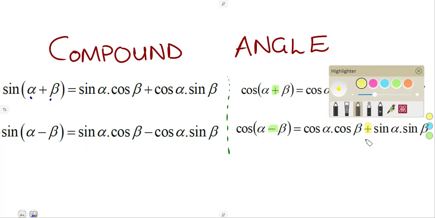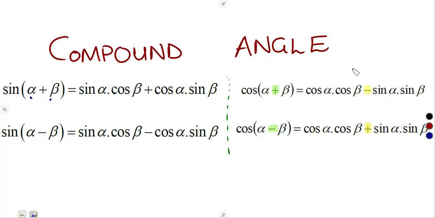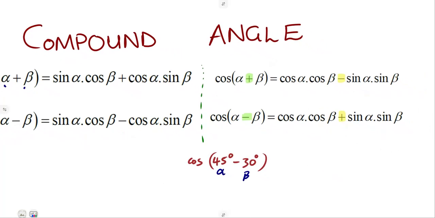What we're trying to say is that if I am given to expand, using the same concept, let's say the cos of 45 degrees minus 30 degrees. There we have two angles. Let's say this is our alpha, this is our beta. The identity here is telling us that we are supposed to expand this as cos alpha, cos beta, where alpha and beta are the angles.